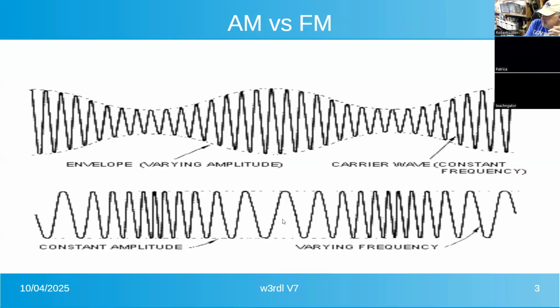So you can see that the frequency of the carrier changes. In the amplitude case, the frequency will be constant and the amplitude will vary. In the frequency one, the amplitude will be constant, but the frequency will vary.